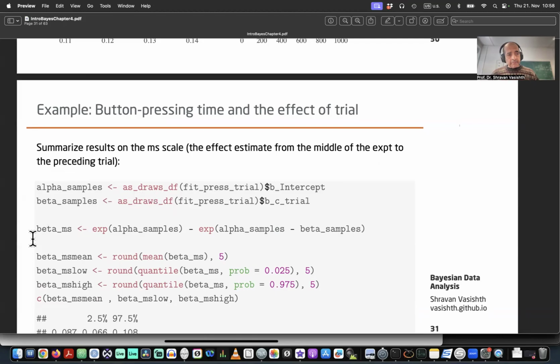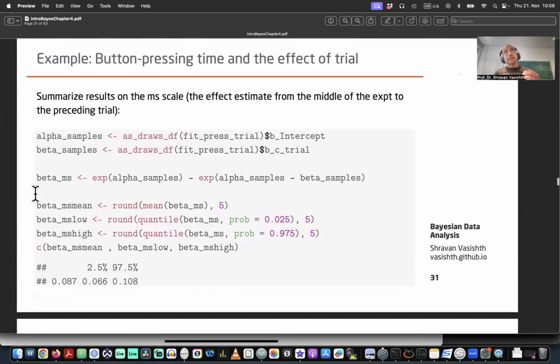If I want the beta parameter, right, so what I want to know is what is the estimated change in button tapping times when I go from the trial before the average value of the trial to the average value of the trial.